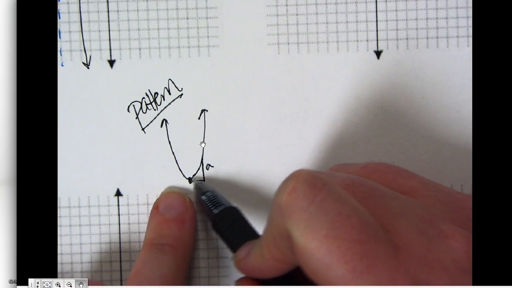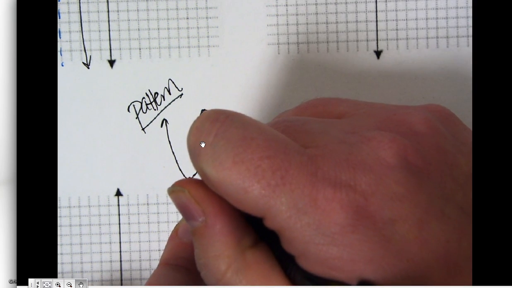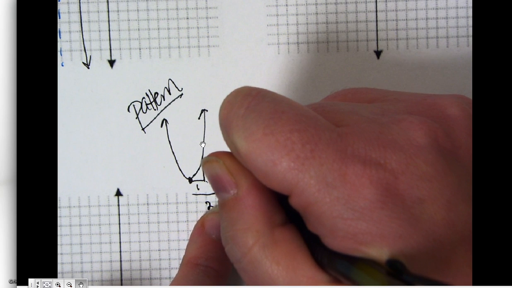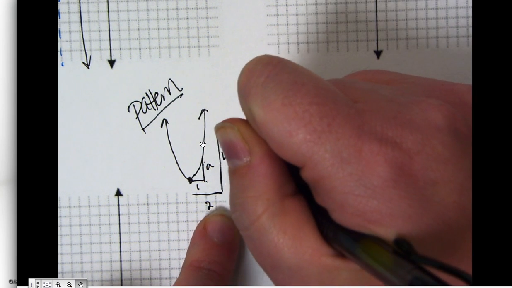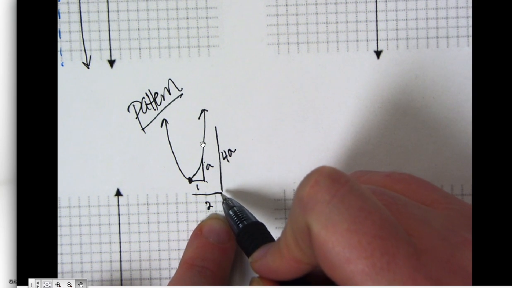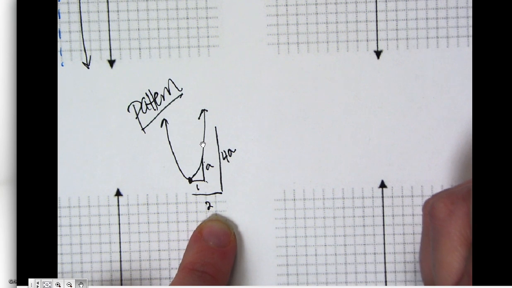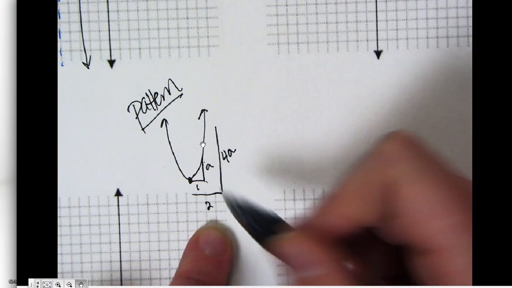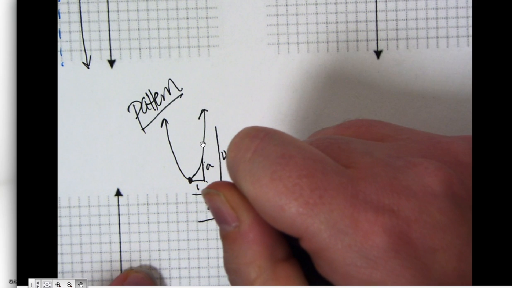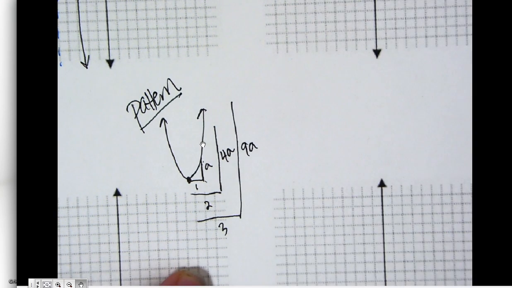That's because originally it was 1, but you're taking 1 times a. If you go right by 2, you would be going up 4a. That's because originally it would be going up by 4, but you're multiplying that y stretch by a. You'd be going right 3, then you'd be going up 9a, and so forth.